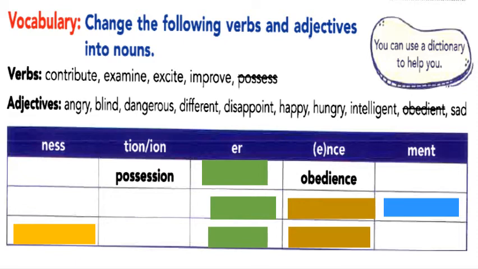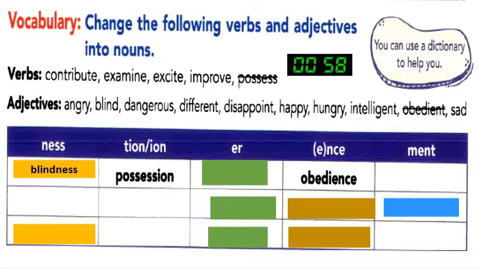Now we want to change these adjectives and verbs into nouns. We use the suffix at the end of each verb or each adjective. Let's start with the first column. Yes, blind. The noun is blindness.